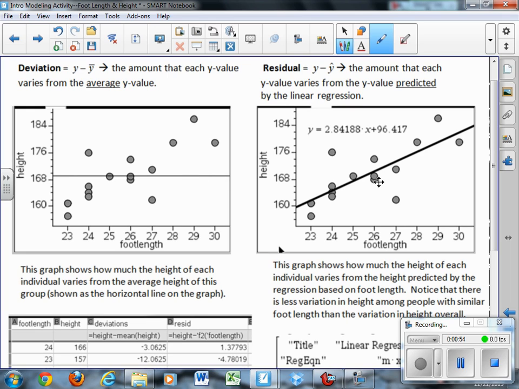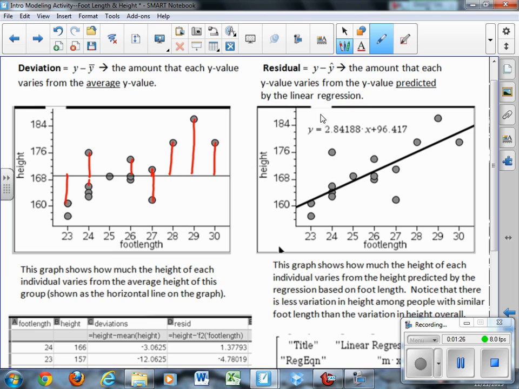So we can think of a deviation as the amount that each person differs from the average height. So some people are taller than average, some people are shorter than average, and so forth. If we were to add up all of the deviations, they would equal 0, because that's what an average does. It averages out. About half of those differences are above average and half of them are below average, and so when you add them all up, you just get 0.